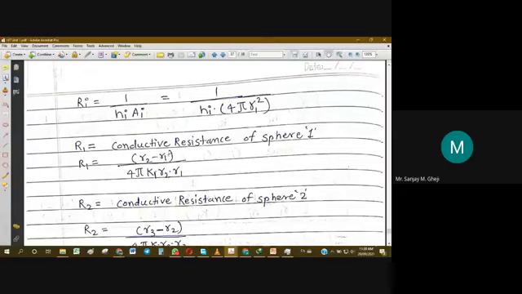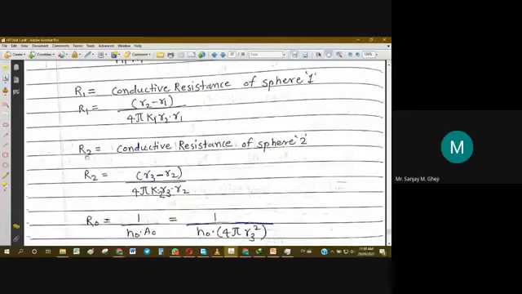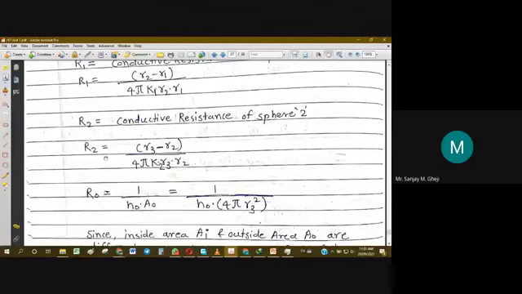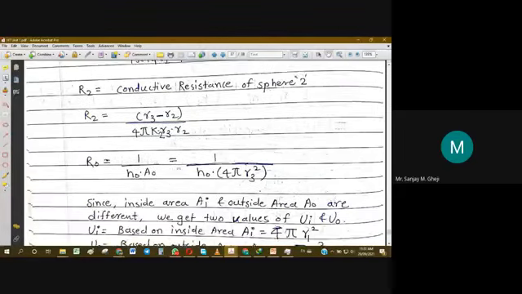This difference you always have to take as positive, that is larger radius minus smaller radius. The same way, R2, the conductive resistance of the outer sphere, will be R3 minus R2 upon 4 pi K2 into R3 into R2. Convective resistance will be Ro equals 1 upon Ho into area Ao, and so on.